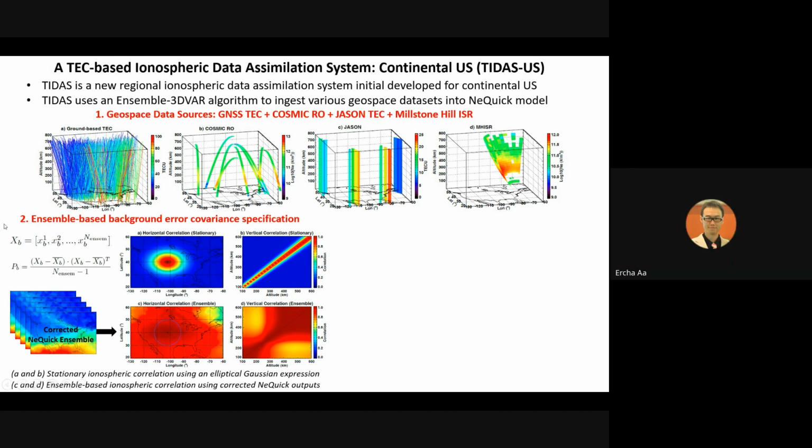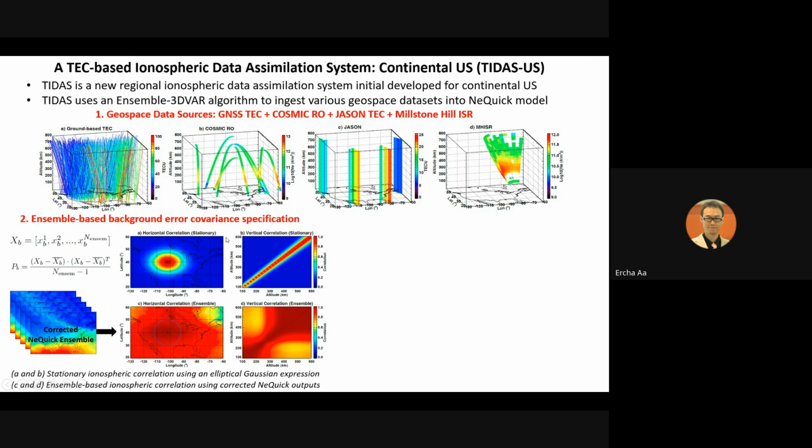Okay, next we talk about the ensemble-based background error covariance. Because we know the background error covariance is one of the critical factors that directly influence the effects of the data simulation. In many prior studies, these error covariances are predetermined, which means they are stationary.